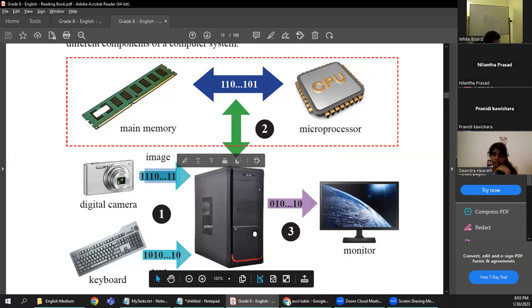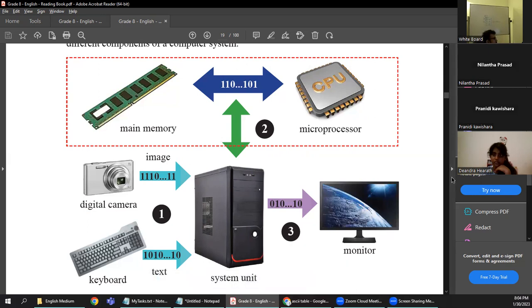So that bit pattern is going to be stored inside the memory. Now you can see this part is about the internal structure of the computer. These are the parts inside the computer.